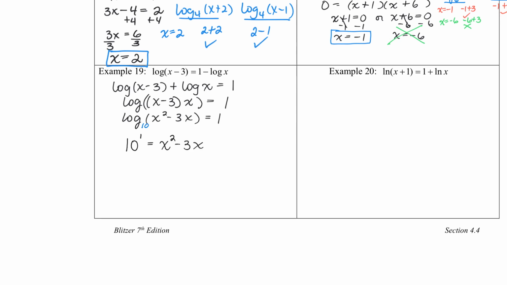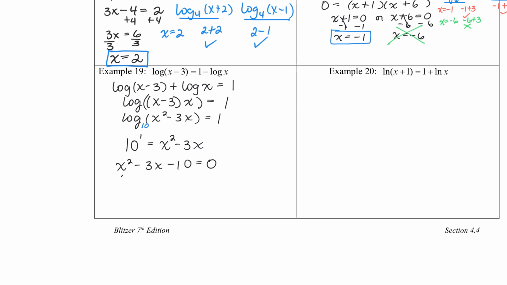So now I've got a quadratic equation again. If I subtract 10 from both sides, I'm going to end up with x squared minus 3x minus 10 equals 0. And I can do it that way too. The 0 didn't have to stay on the left side, I could put it on the right side as well.